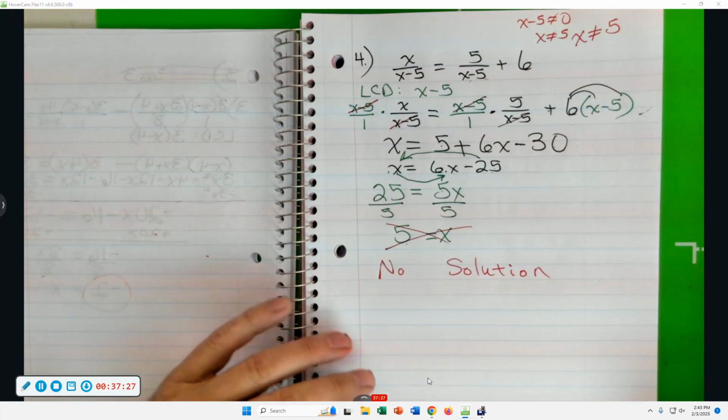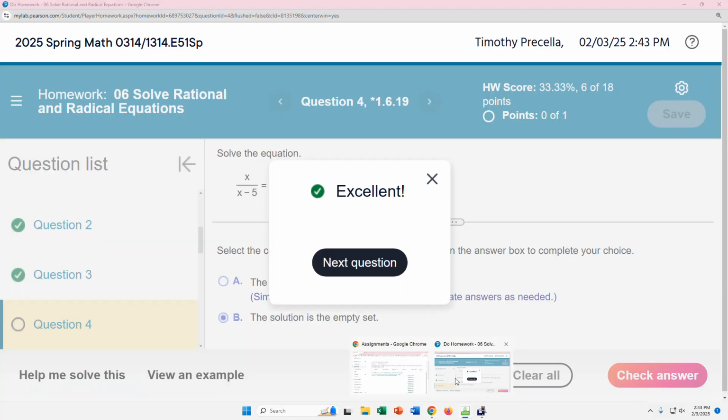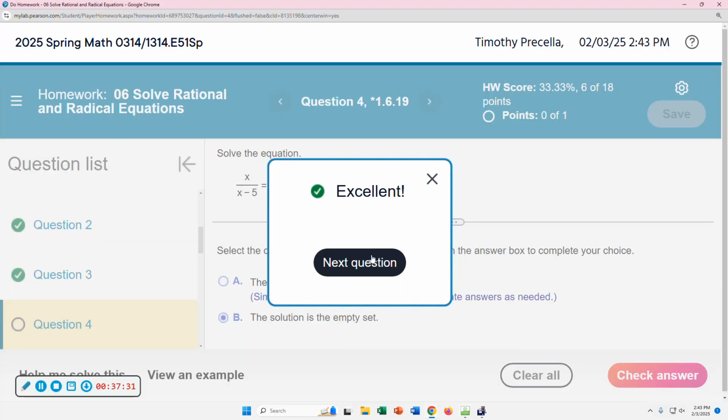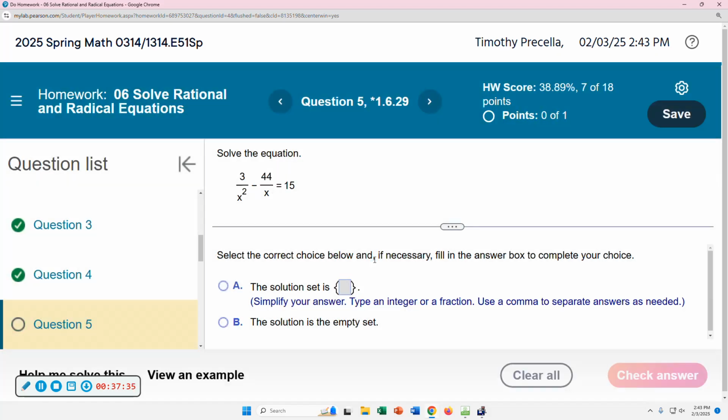Well, so far these things have been linear. That can't continue. We're going to have to start getting some quadratic equations to solve. Let's look at number 5. Let me write this down. 3 over x squared minus 4 over x is equal to 15.